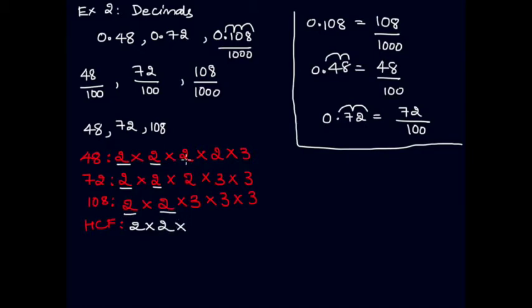Times, is 2 again possible? No, because 108 does not have any more 2's in it. So the next one would be 3. Looks like, yes, we have common 3's. So 3 gives us 2 times 2 is 4, times 3 is 12. Perfect.